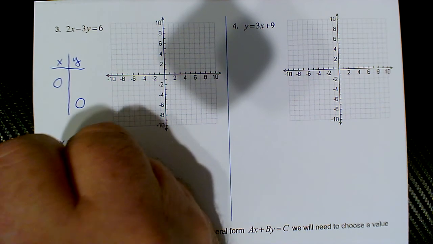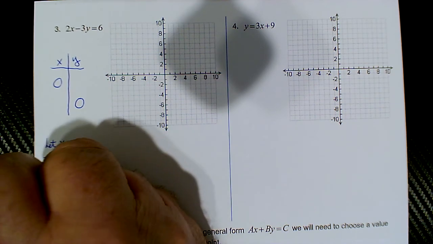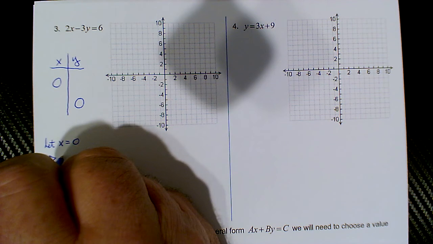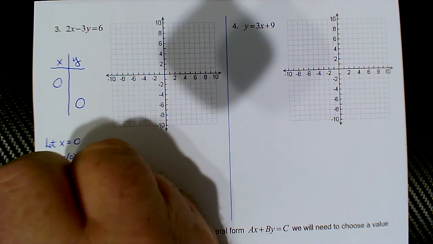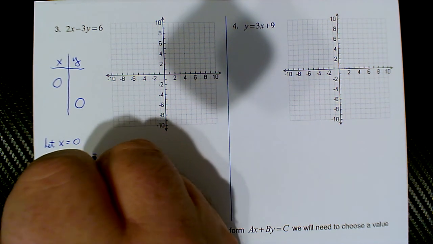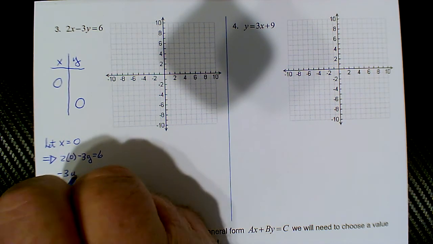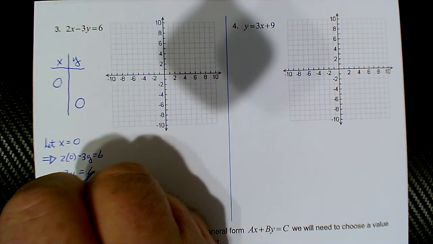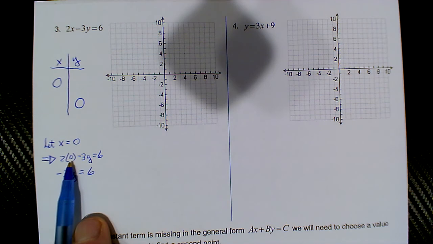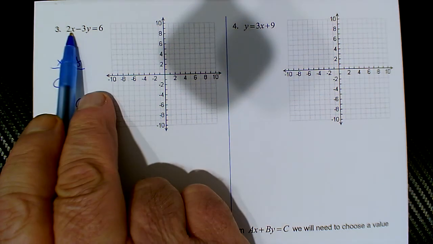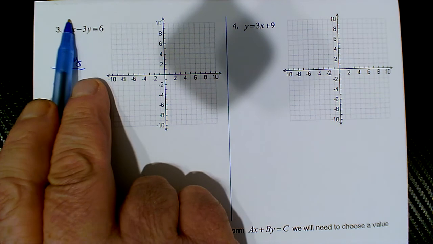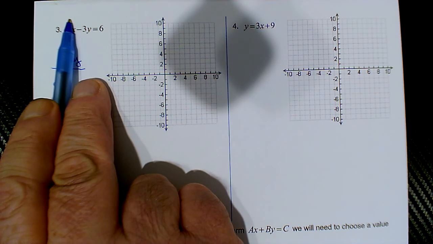If we let x equal 0, then we get, if you really want to show it, 2 times 0 minus 3y equals 6, kind of silly to show that, right? Because immediately minus 3y is 6, because obviously 2 times 0 is going to be 0. So when we have this type of equation, you could just pretty much cover up the x term, and that's what's left over.